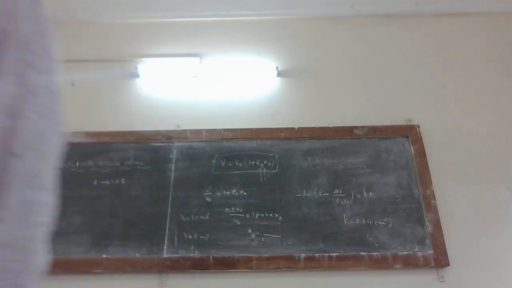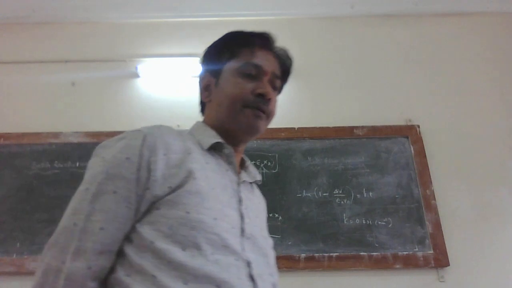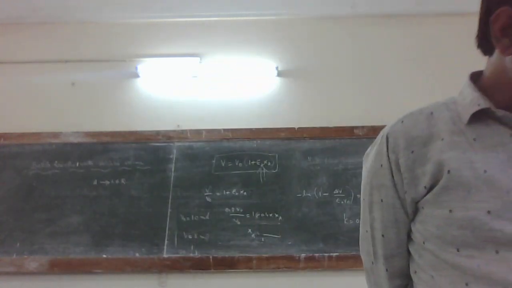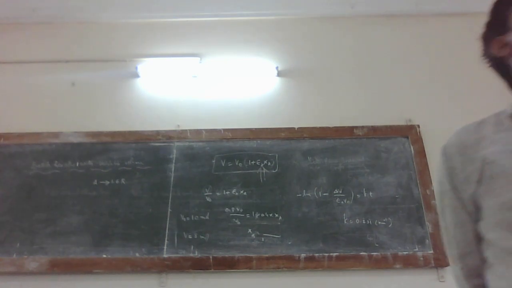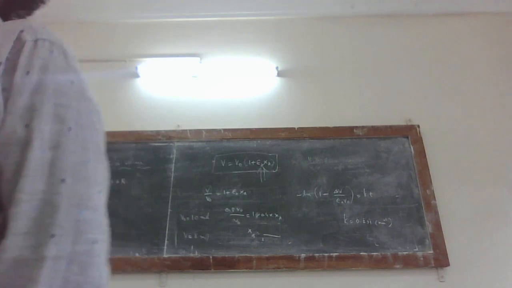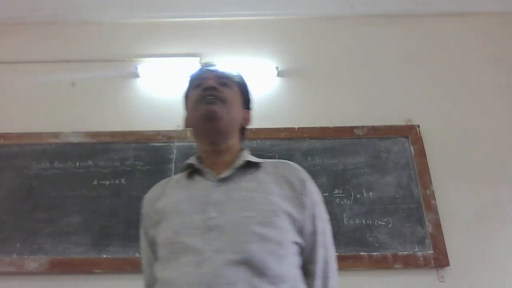Minus ln(1 minus ΔV by V naught epsilon A) equal to kt. Here the final volume is, read the statement, volume increases by 50%. So what will be the final volume?